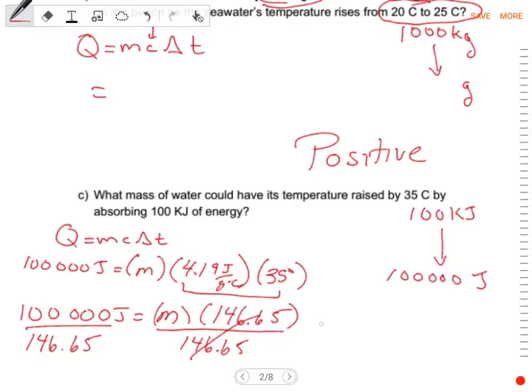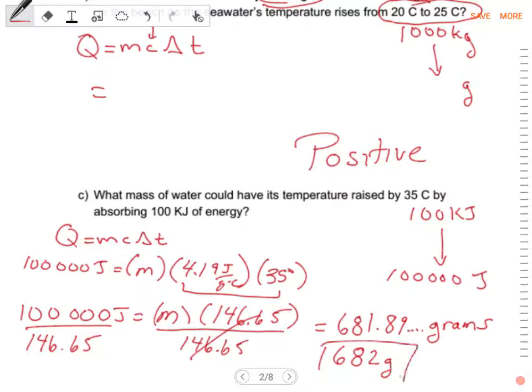I'm going to have to put the answer over here, everybody. Sorry about that. So 100,000 divided by 146.65 gives you 681.89, and that should be in grams. But we have to go to 3 significant digits, so that will be 682 grams is your final answer.